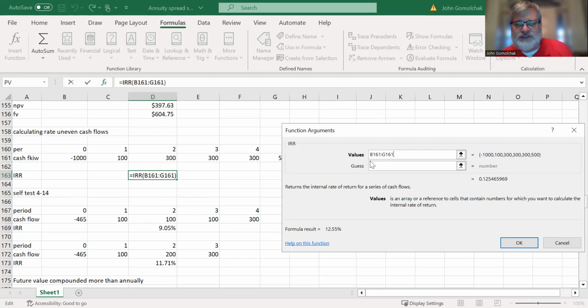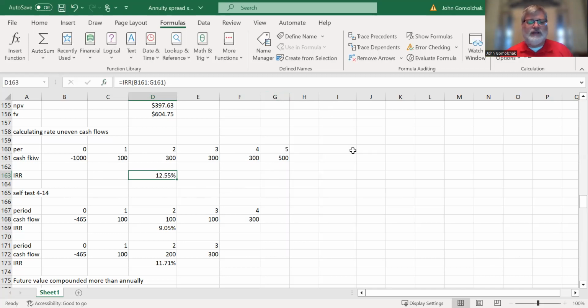So basically, it's just those two cells and a colon between them. That tells Excel that we want it to use that entire spread of cells. So when we hit equal, we end up with the internal rate of return of 12.55%. Okay. If you want to see how that actually works, I'll do it again right here.